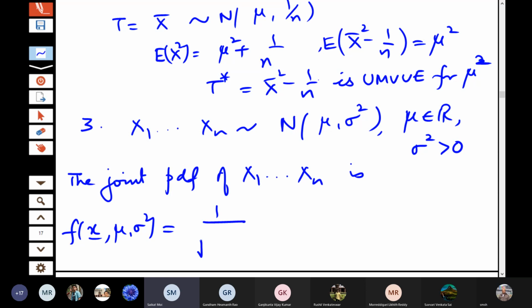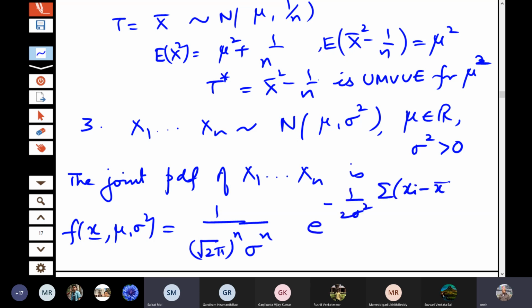1 by root 2 pi to the power n sigma to the power n e to the power minus 1 by 2 sigma square sigma xi minus mu square.